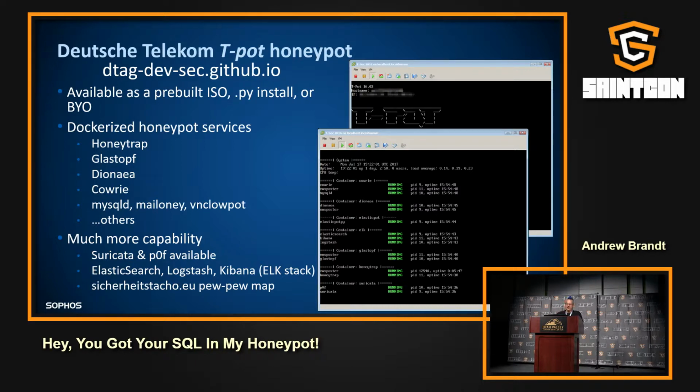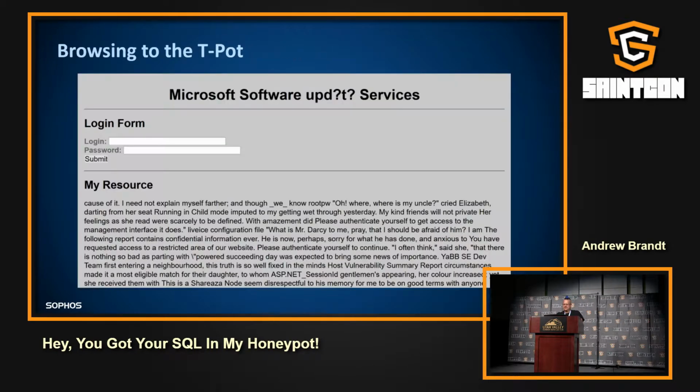But obviously, you get access to everything that they're collecting, and they have this nice little pew-pew map on this website, sicherheitstaco.eu. It just shows sort of real-time attack data. If you browse to the web page, I mean, it's a honeypot, so it's running services on a huge number of ports.